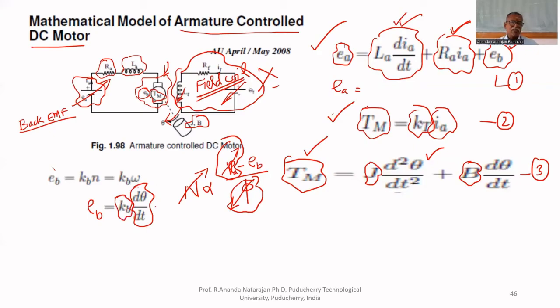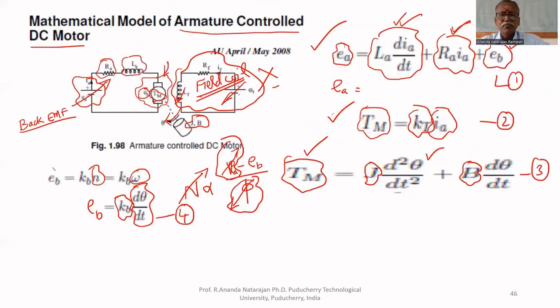Therefore, EB equals kb d theta by dt. That is the fourth equation. Instead of d theta by dt, you can put omega also, kb omega, or speed, number of rotations n. That's all. These four equations represent the armature controlled DC motor.